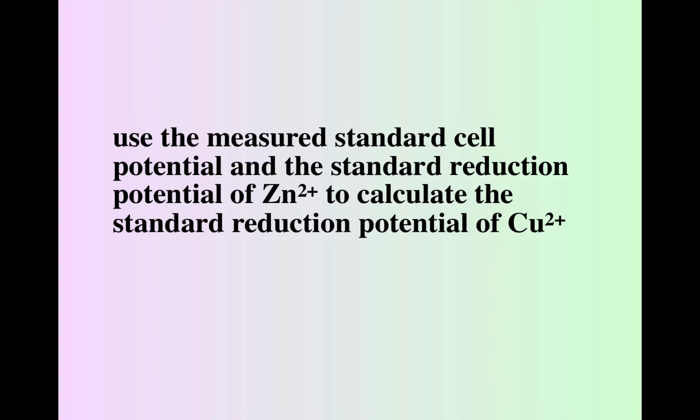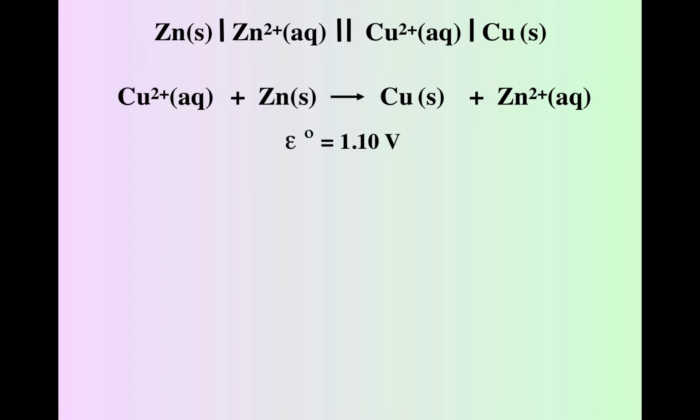All right, so since we know what the cell potential for this is, we can deduce what the reduction potential for copper 2 plus is going to be, now that we know the reduction potential for zinc 2 plus. So this is how you find reduction potentials for different oxidizing agents.